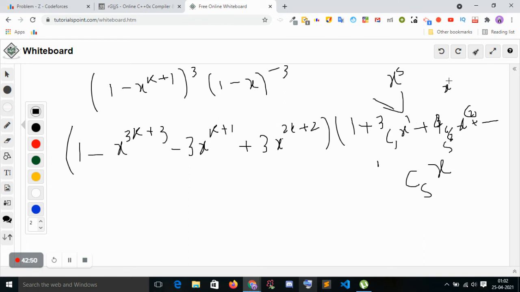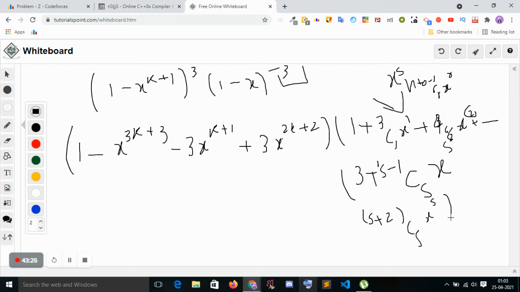Whatever the power is, x to the power r, the coefficient becomes n plus r minus 1 c r. Our n is 3 here, and I need x to the power s, so r is s, and it becomes s plus 2 c s, x to the power s.